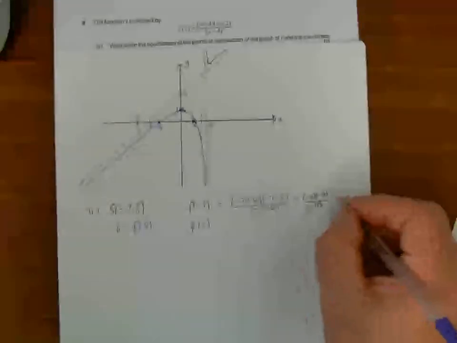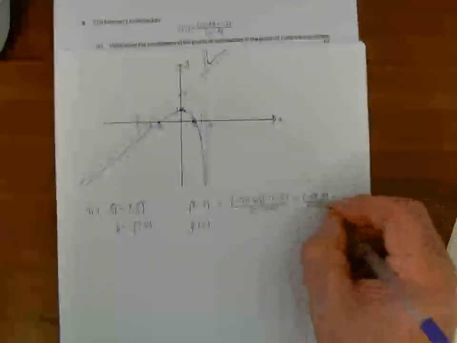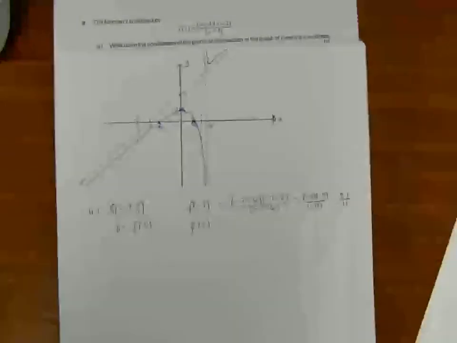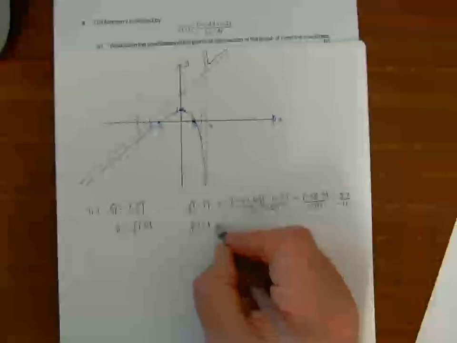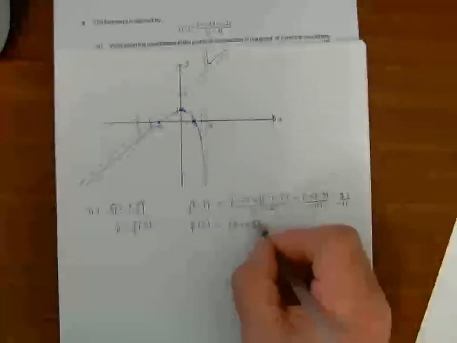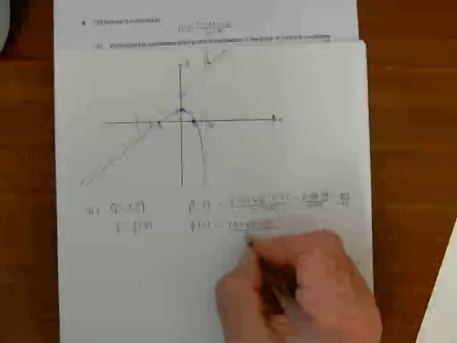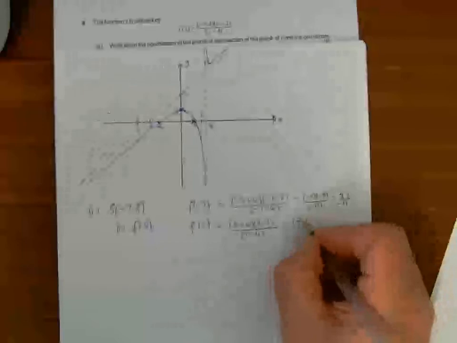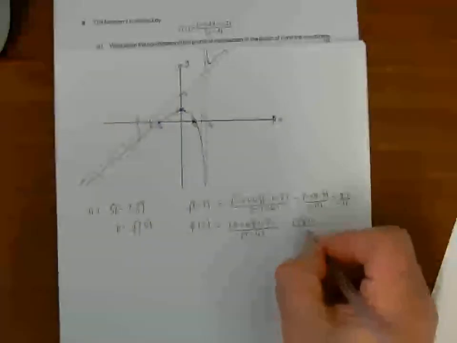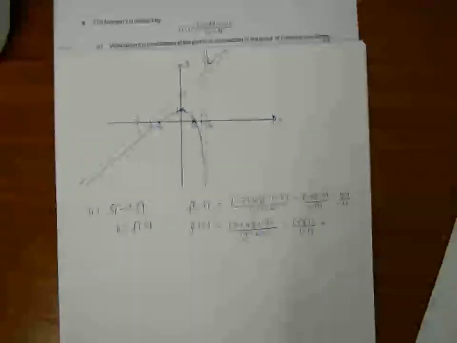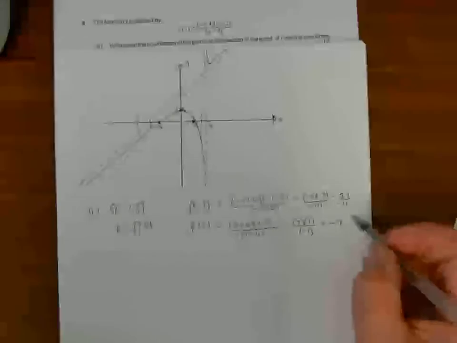It's a positive on top, so that's a negative: 27 over minus 11. If I put 3 in, I get 3 plus 4, 3 minus 2 over 3 minus 4, which is 7 times 1 over minus 1, which is minus 7. So the lowest of these two values is minus 7.